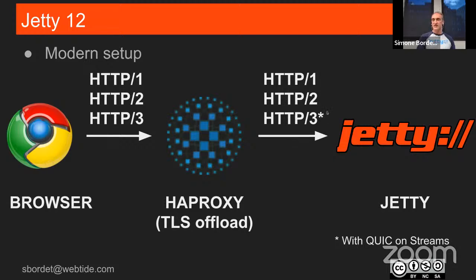But there's an asterisk here because we're working on yet another innovation, which is still in super draft mode, etc. But it's a modification of the QUIC-level protocol that will allow us in a much simpler way to basically talk to the backend, but not via UDP, but via TCP. So this is called QUIC on Streams. We're working on it. We think it has potential, so it's going to be interesting for the future.